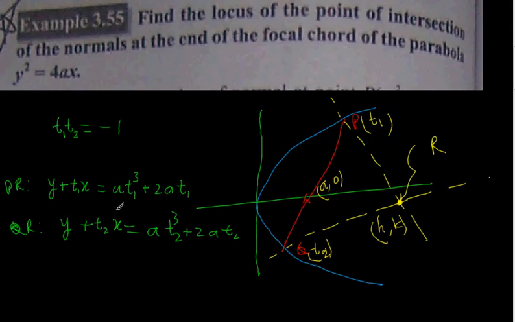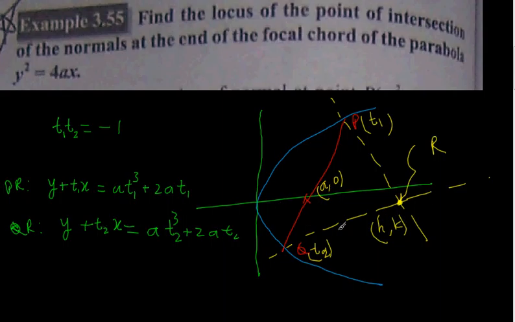Now you solve these equations for y and x. Both PR and QR pass through the point HK, which means both will be satisfied by the point HK.